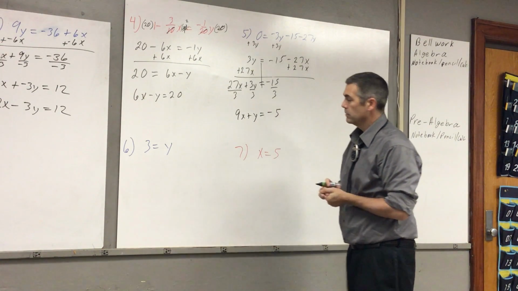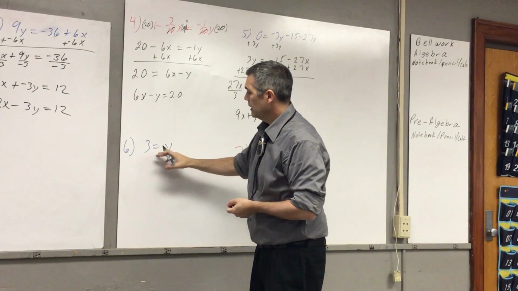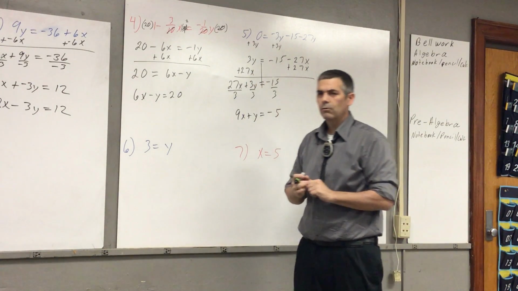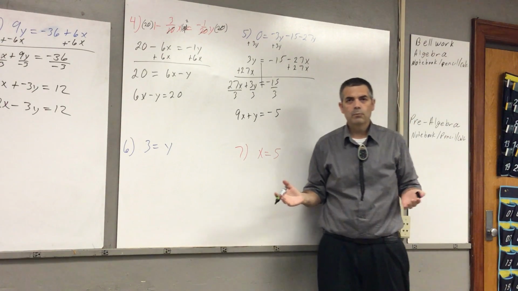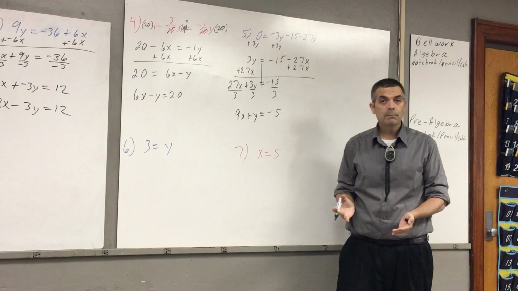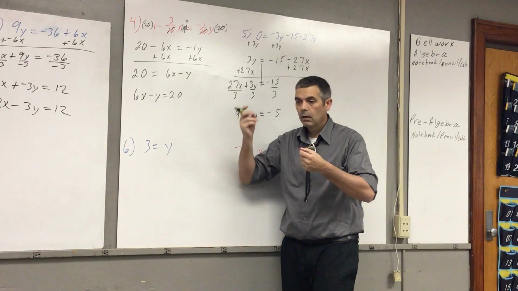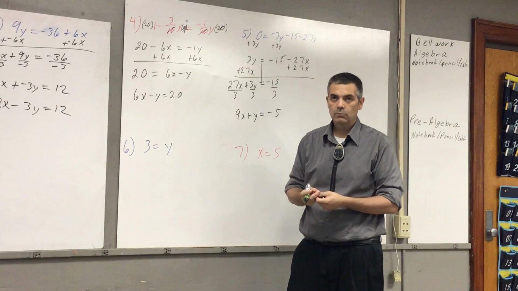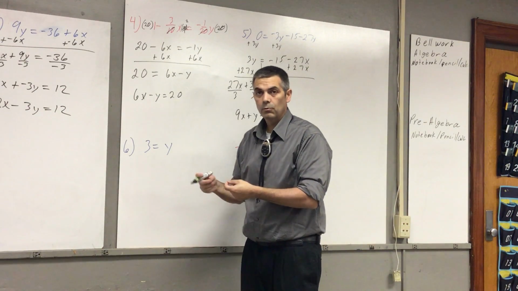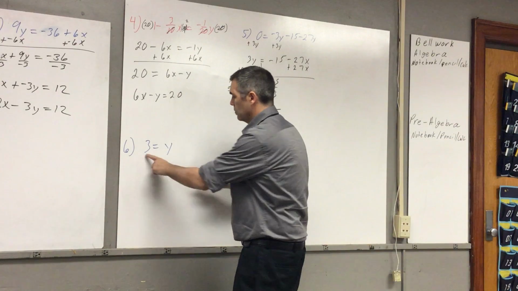All right? So now, 3 equals y. And you're looking at it going, wait, there's no x. How do I put that in standard form when there's no x? Well, if you think about it for a moment, any number times 0 gets you 0. That's something we're going to use right in here. So 3 equals y.